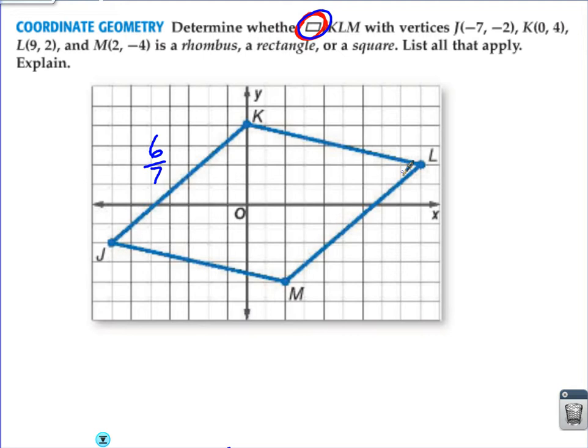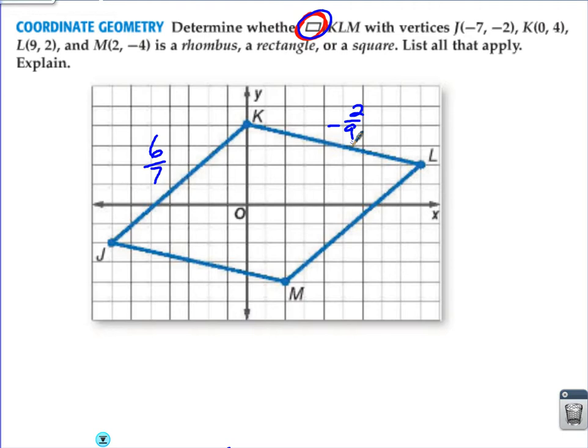Perpendicular lines have what kind of slope? Negative, close, negative 7/6. They have to be opposite reciprocals, but look, guys, that's definitely not negative 7/6. Nowhere near. Negative 2/9. And again, you can tell by looking at it, that's nowhere near a rectangle.